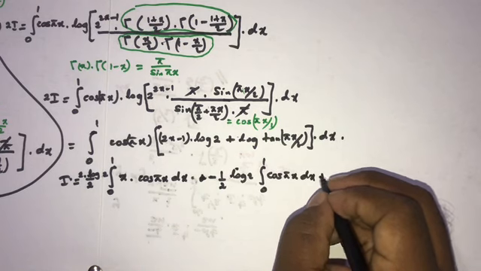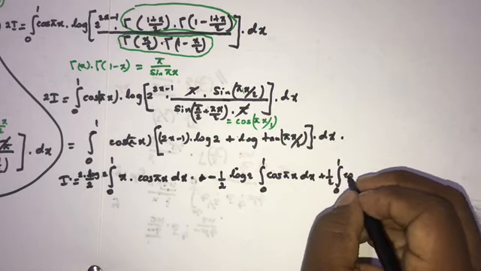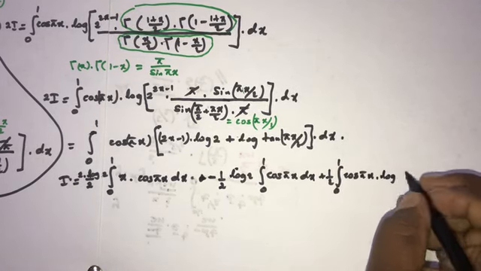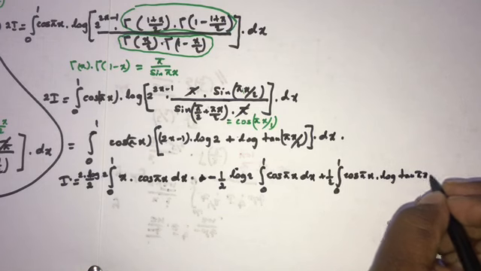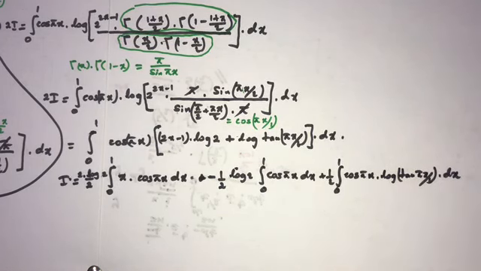So plus 1/2 integral from 0 to 1 cosine of pi x natural log of tan of pi x over 2 dx.